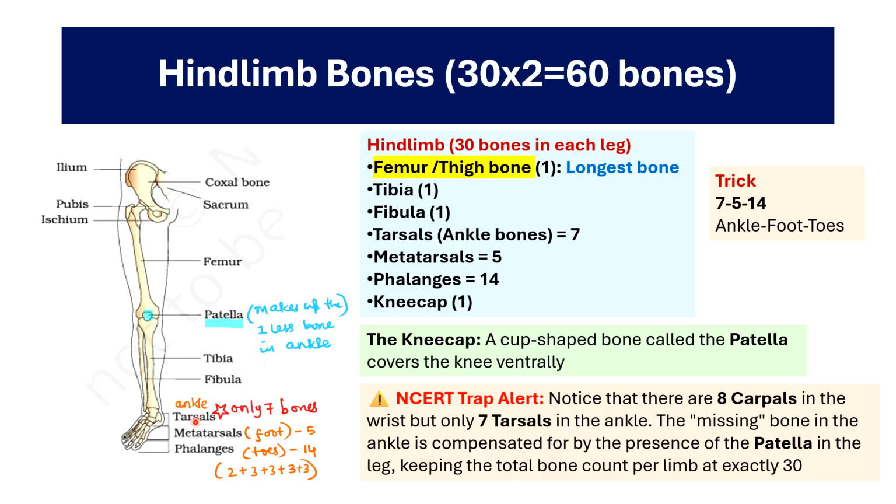Okay, then 7 tarsals, 5 metatarsals, and 14 phalanges. Are you clear about it? So this is the important NCERT trap, that you must remember there are 8 carpals, but there are only 7 tarsals in the ankle, and the missing bone is made up by the patella or the kneecap.